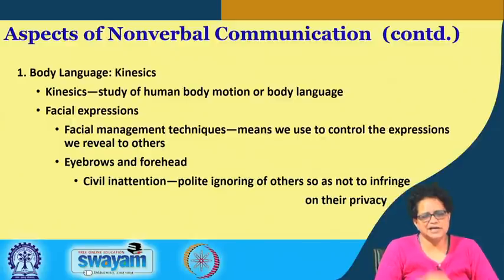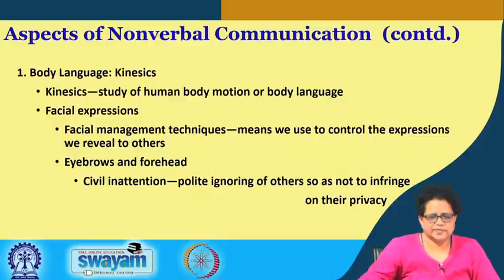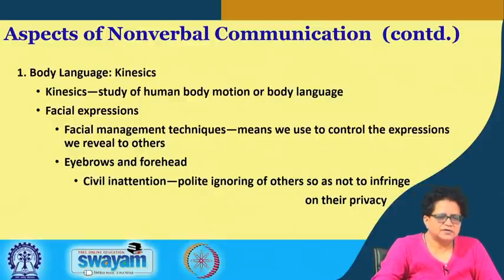The idea is that if you keep on staring at somebody, the other will become a little bit disturbed, sometimes more disturbed, and it may lead to communication quarrels or fights or unsavory situations.